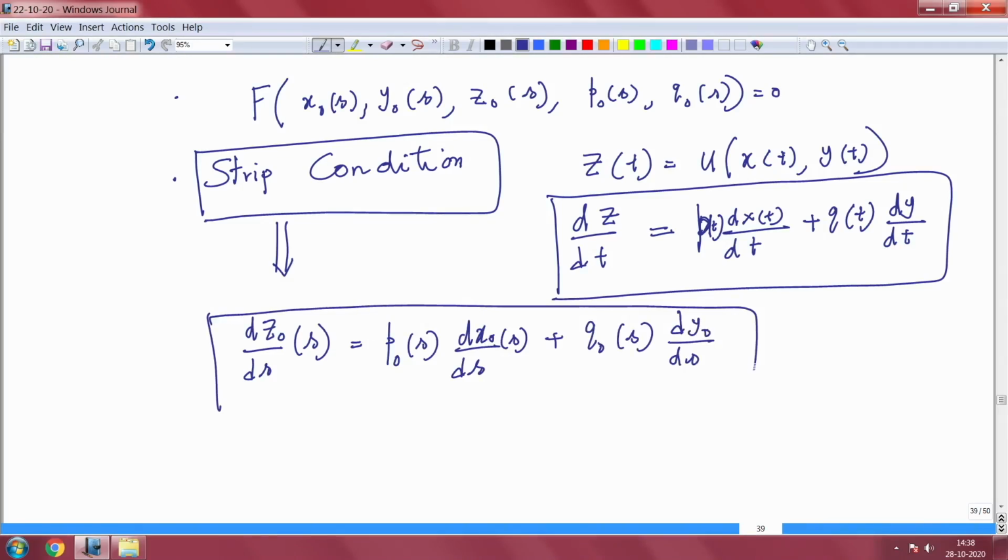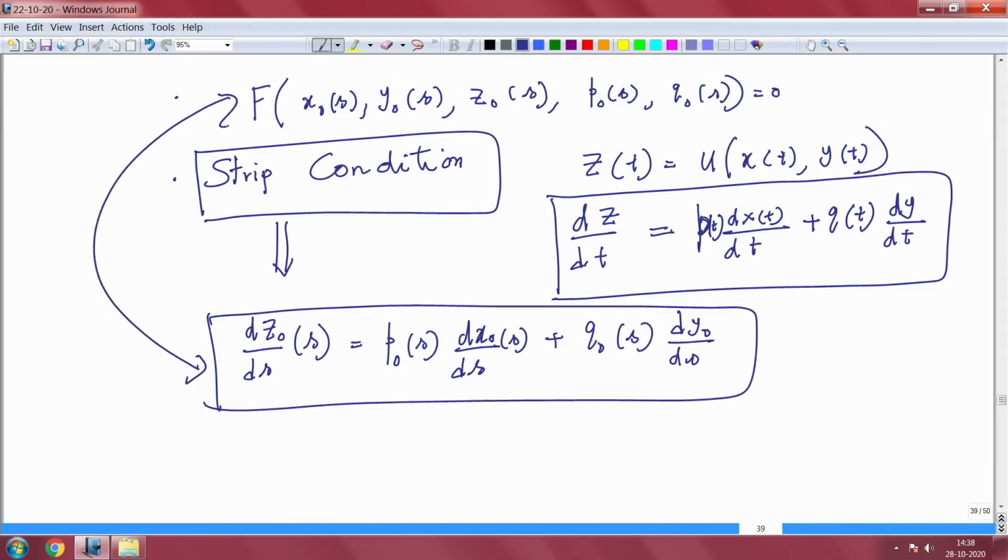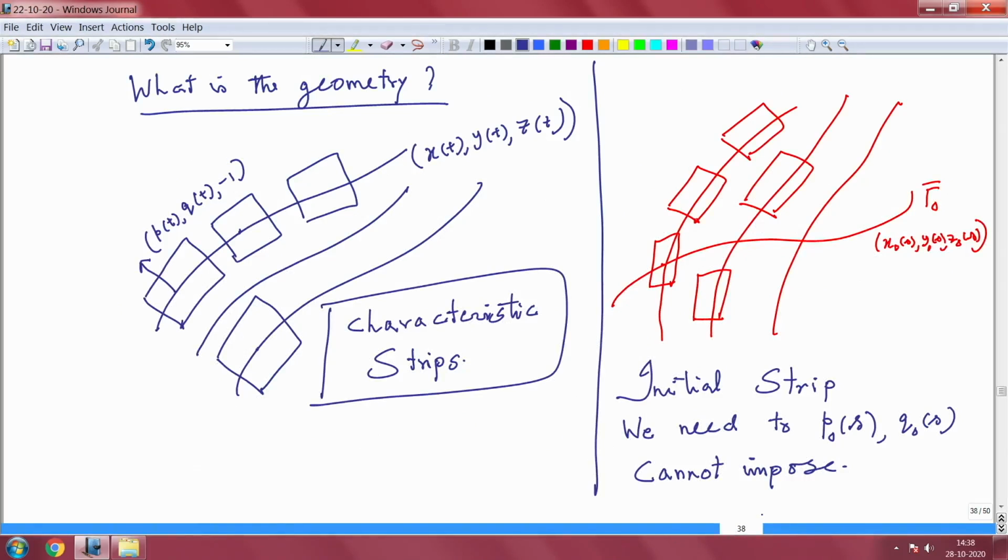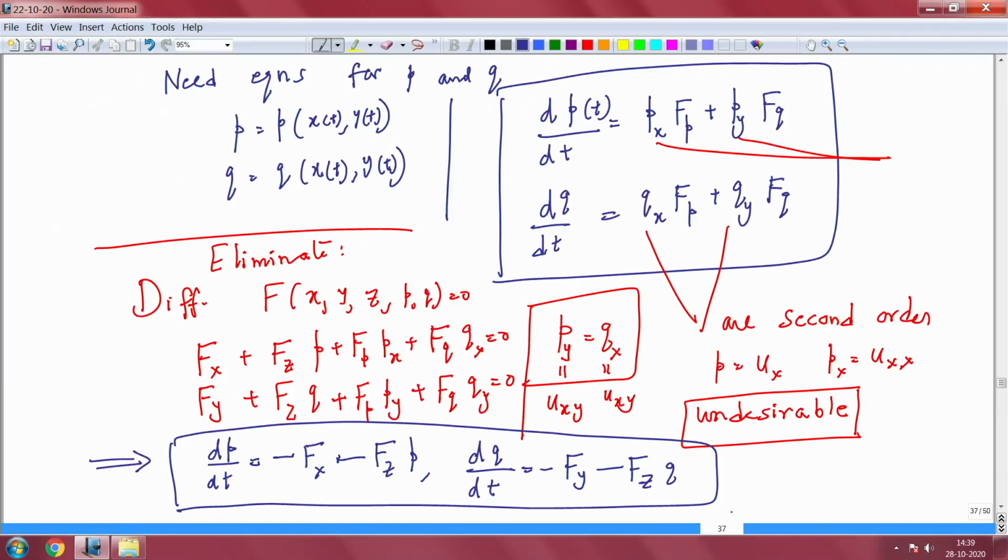So you have two equations. These two equations will give you p naught of s and q naught of s. See? So in principle, if you look at it, you have 5 equations.